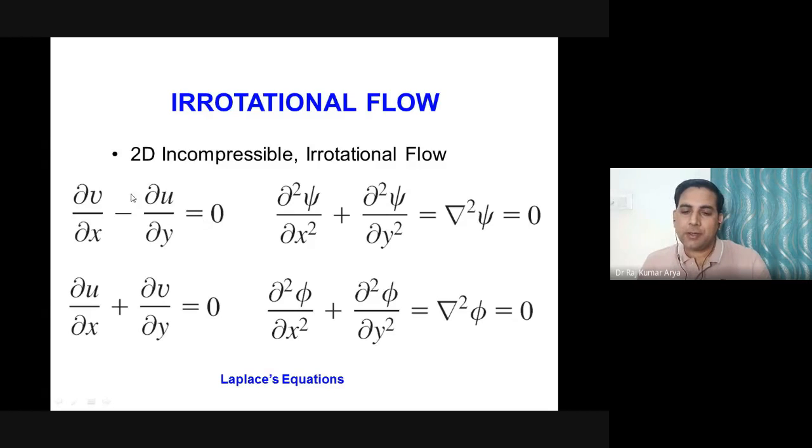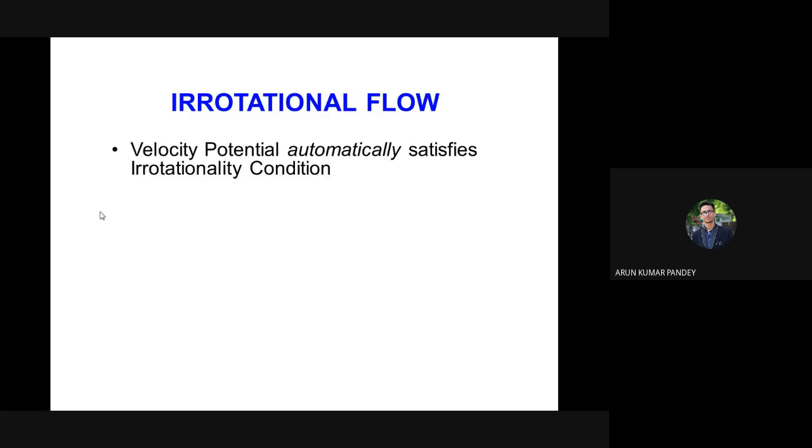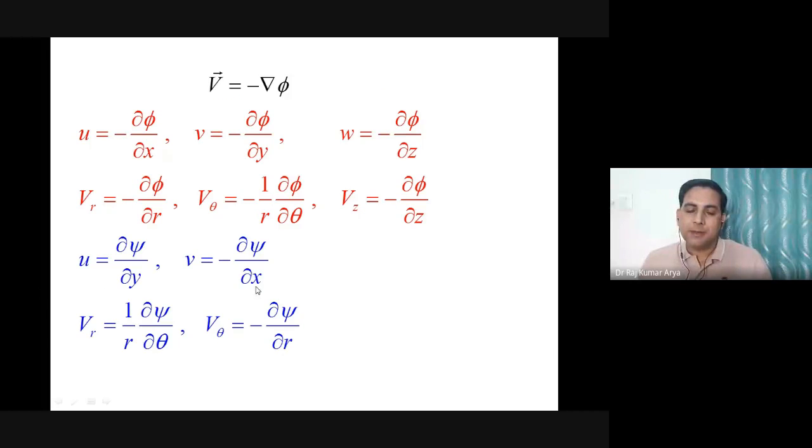In terms of psi, v is minus del psi upon del x, and u is del psi upon del y. In terms of phi, u is minus del phi upon del x, and v is minus del phi upon del y.